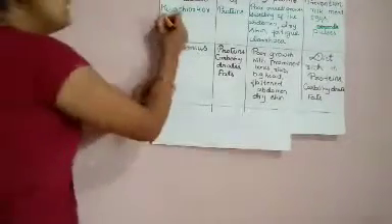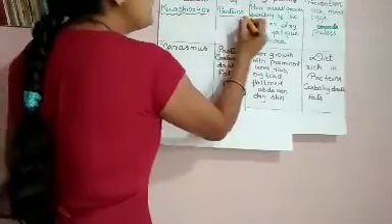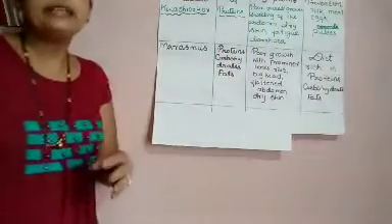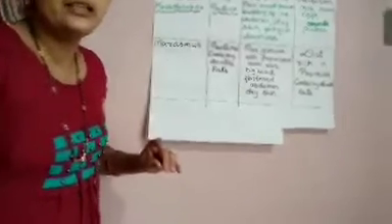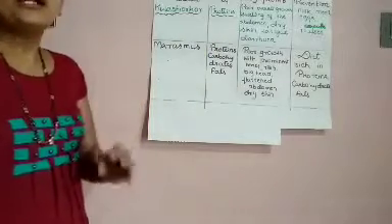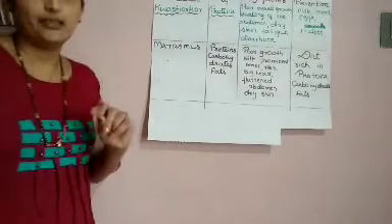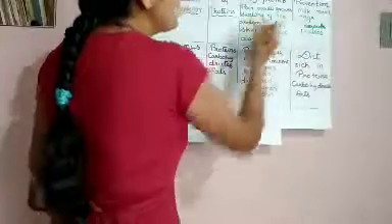It is a disease caused by the lack of proteins. When our diet does not contain sufficient proteins, it causes this disease called kwashiorkor. What are the symptoms of this disease? How do we identify it? The symptoms are like this: poor overall growth.